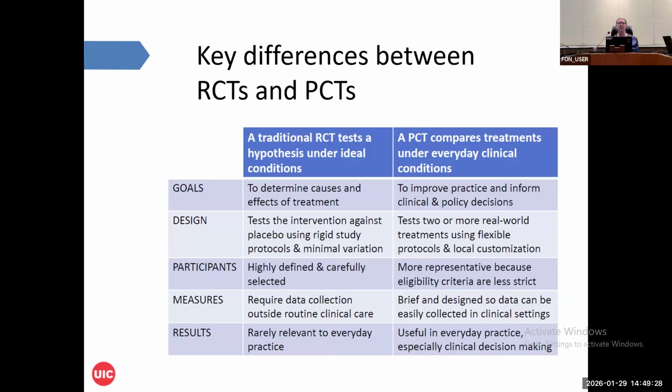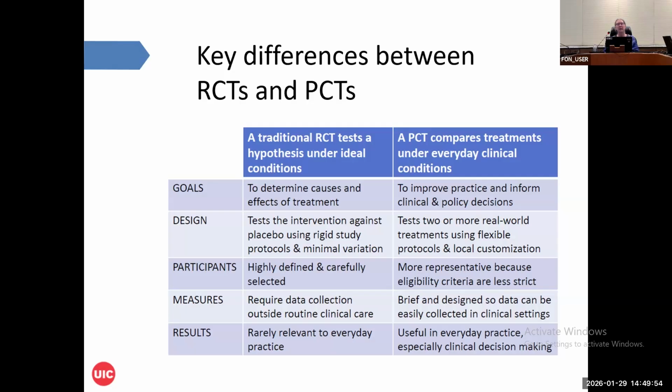The participants for a randomized clinical trial are highly defined and carefully selected. With a pragmatic clinical trial, it's more representative because eligibility criteria are less strict. The measures for a randomized clinical trial require data collection outside routine clinical care.